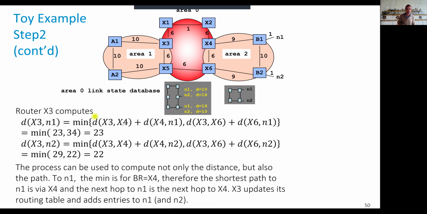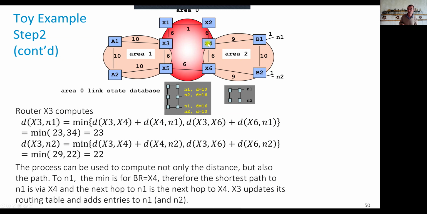For N1, it will compare what it costs of going via X4 versus X6, and that will give me a cost of 23. And of course, we compute not just what is the shortest, but we remember which one gave the shortest, and here is the first one. So X3 will see my next hop to N1 is via X4.